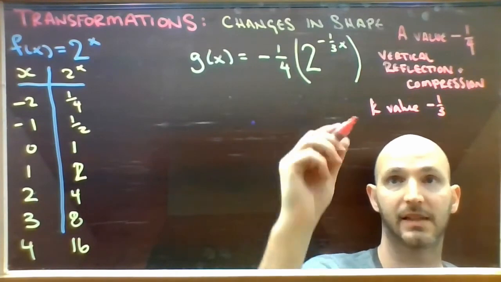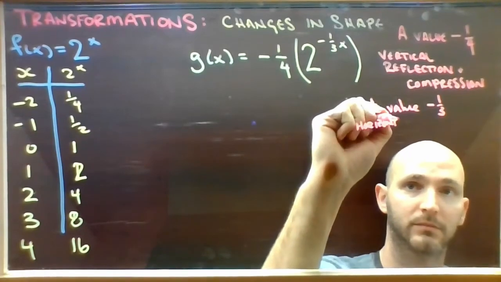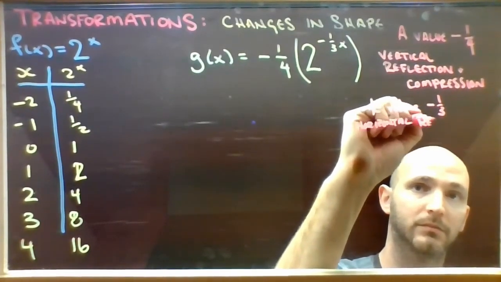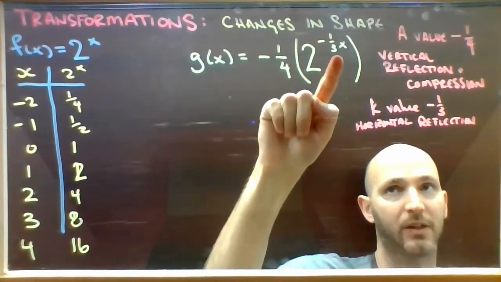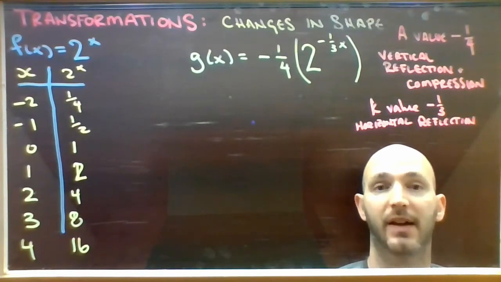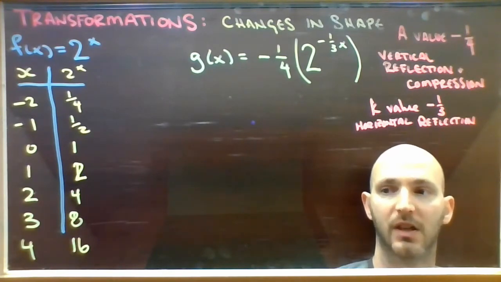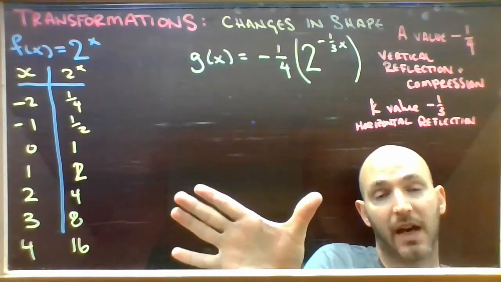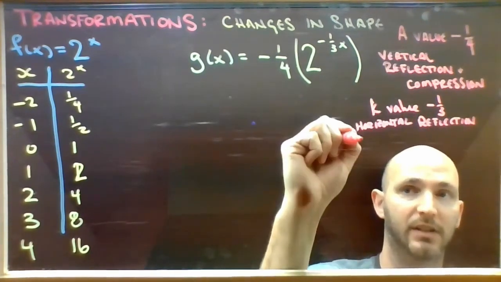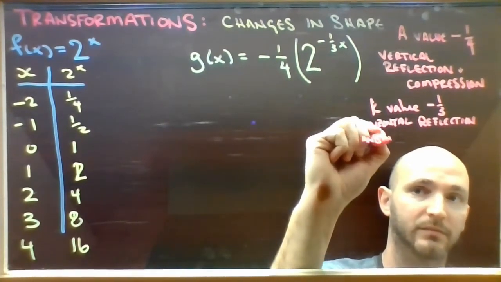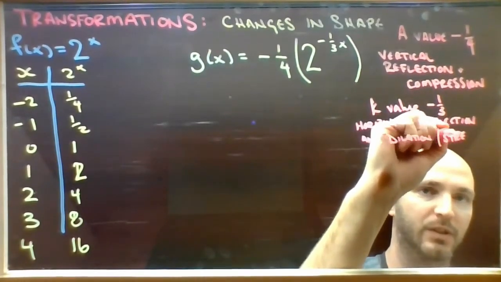And the negative means that it is a reflection, so I have a horizontal reflection, and a k value that's less than 1 makes your x values less effective, which means you have to go further out in the x in order to get the same punch. So that takes all of your dots and blows them out, or dilates them away from the y-axis. So horizontal reflection and dilation, or stretch, whichever word you prefer to use.